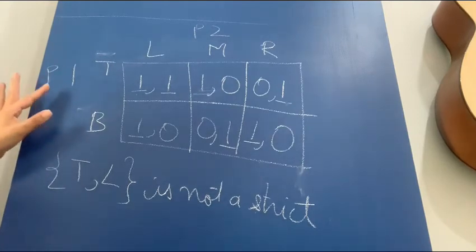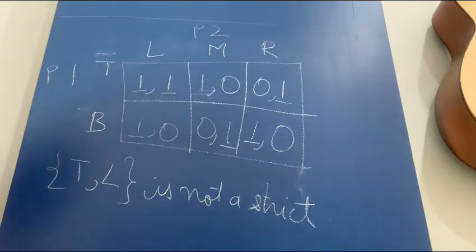That's why this particular Nash equilibrium is not a strict Nash equilibrium. To give you a formal definition, an equilibrium is strict if for every player the equilibrium action is strictly better than all of her other actions.